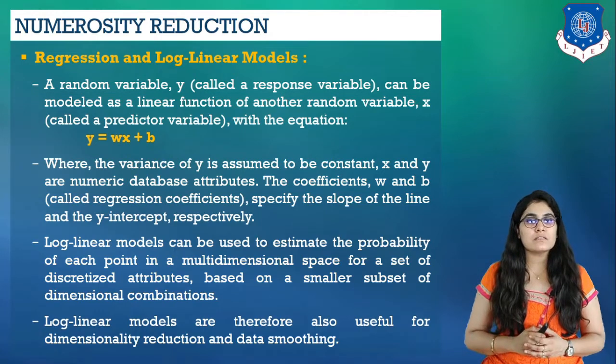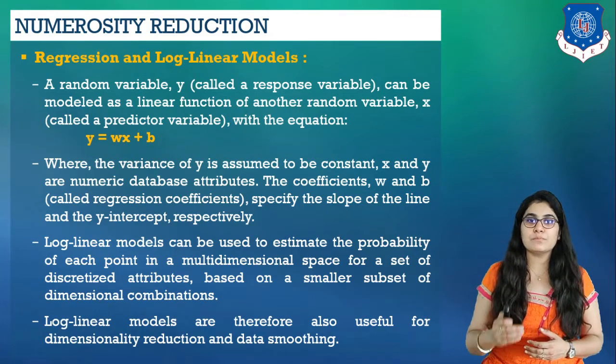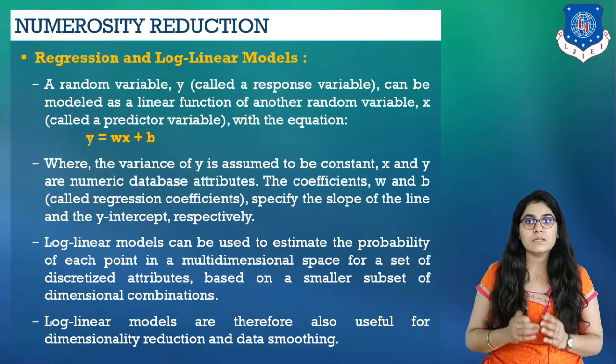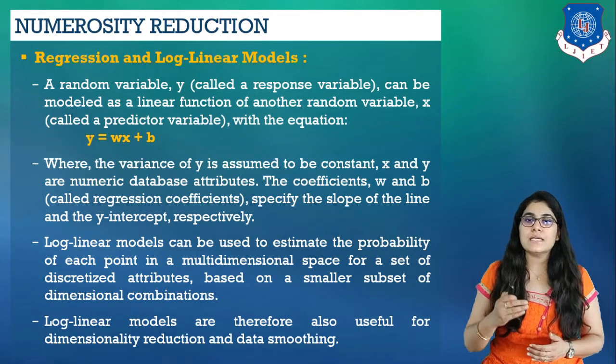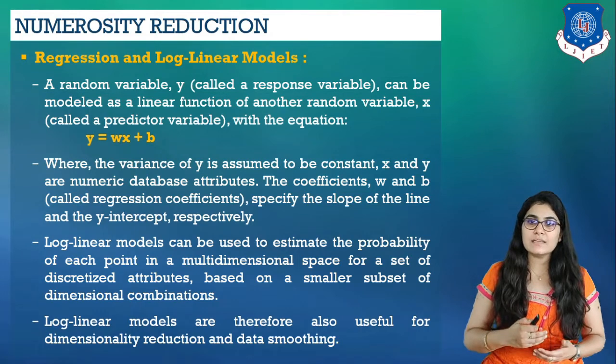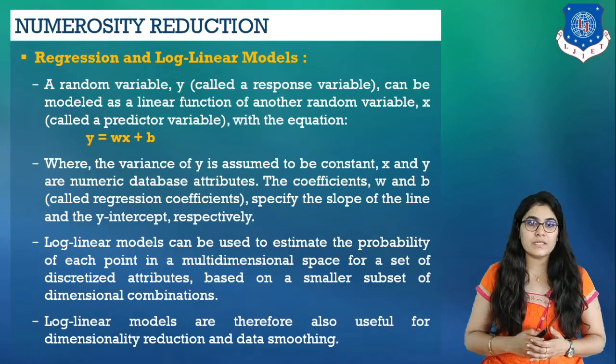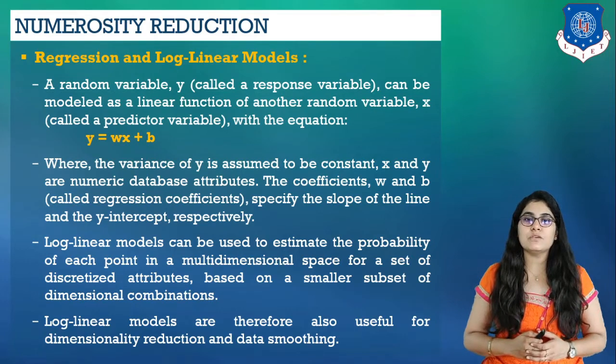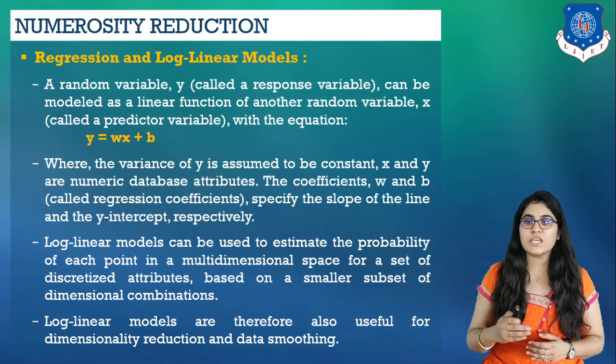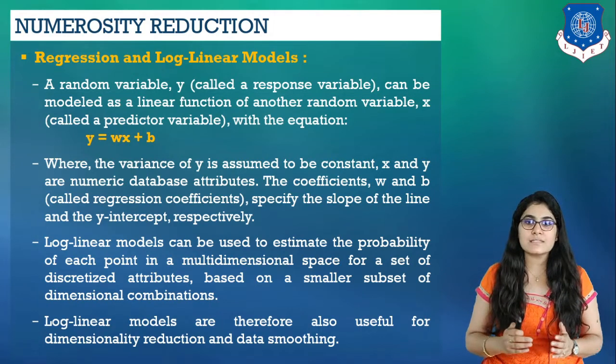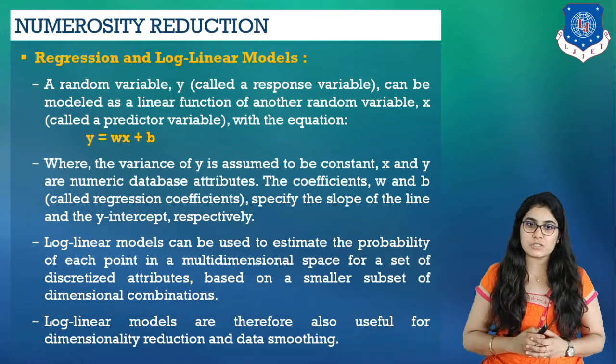Log linear models approximate discrete multidimensional probability distributions. Given a set of tuples in n dimensions, we can consider each tuple as a point in an n-dimensional space. Log linear models can be used to estimate the probability of each point in a multidimensional space for a set of discretized attributes based on a smaller subset of dimensional combinations.